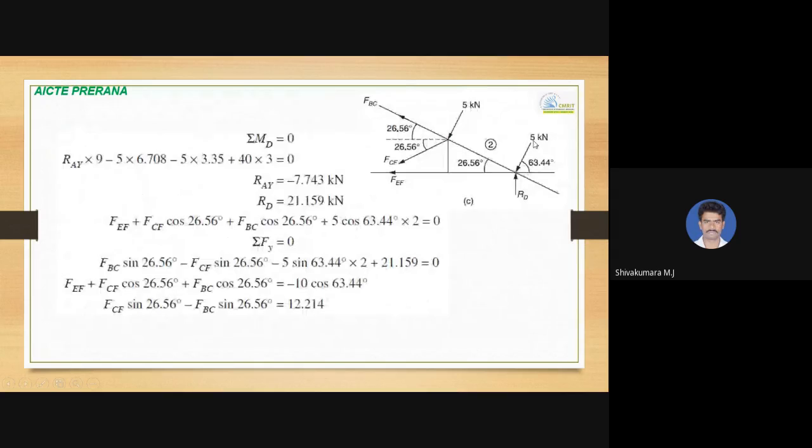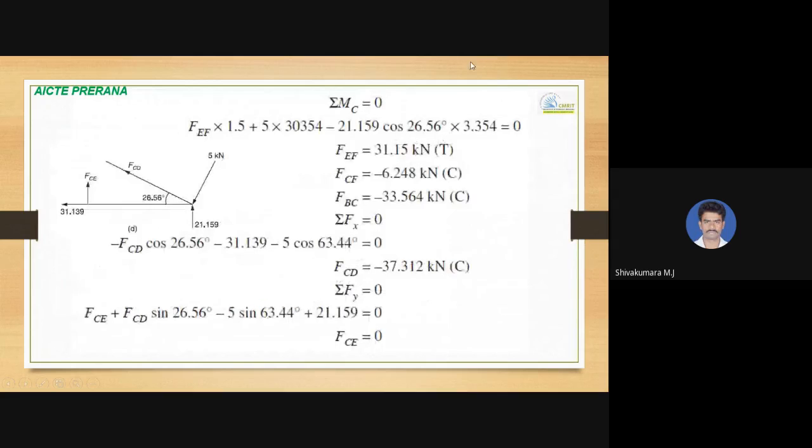So RD, 5, and then FEF above this point. So summation of MC equal to 0: FEF into 1.5, the perpendicular distance, 5 into 3.354, the perpendicular distance, and this 21.159 into cos 26.56 into 3.354.